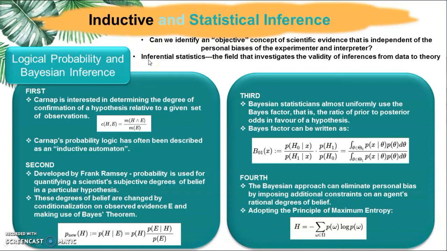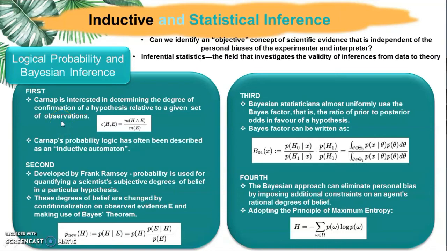Inferential statistics is the field that investigates the validity of inferences from data to theory. This part has three points, and the first point is logical probability and Bayesian inference.